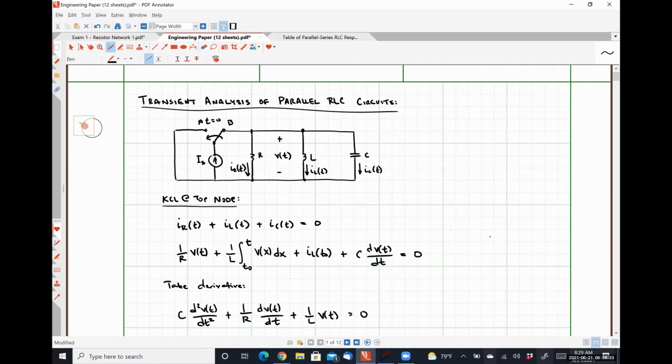What if our system started with no energy and then we forced a forcing function like this current source on it? We're going to have almost an identical response, but instead of everything decaying to 0 as time progresses, because all of the energy is being converted into heat by the resistor, we're going to have the opposite effect, right? So all of the energy is going to wind up stored in the inductor.